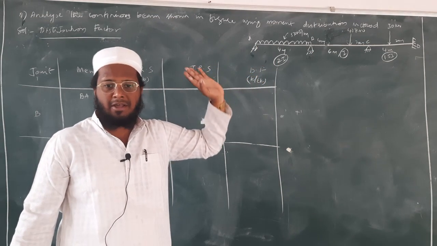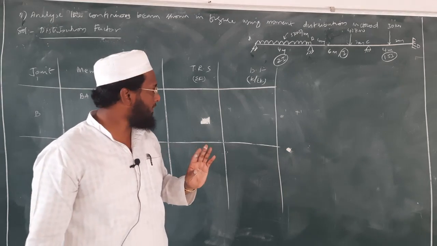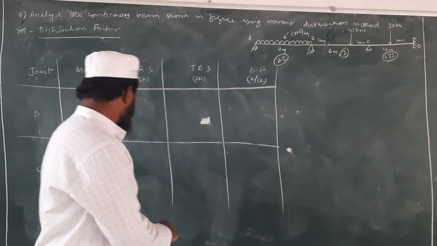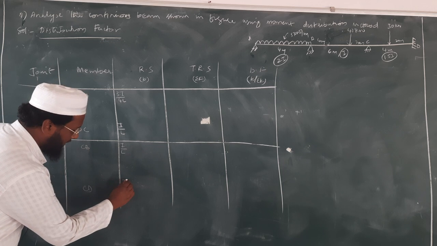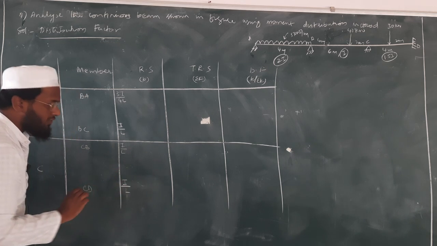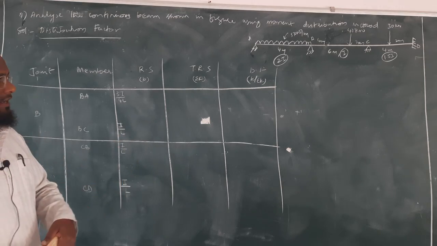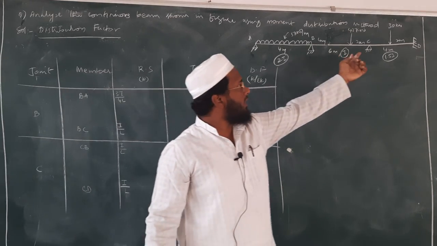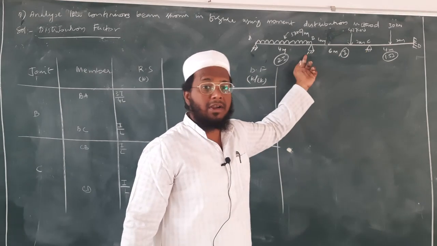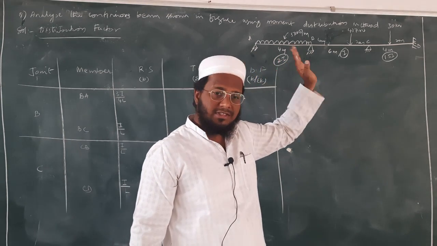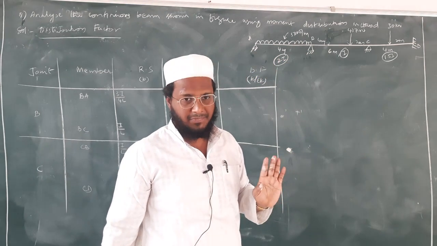That is why it will be again I by L only. Now what about CD? I by L. Able to understand? Many students will have confusion, especially in this case. Sir, we have simple support here. We are calculating C to B, we have simple support, but we have one support here. So we consider that support as fixed support only. Okay.